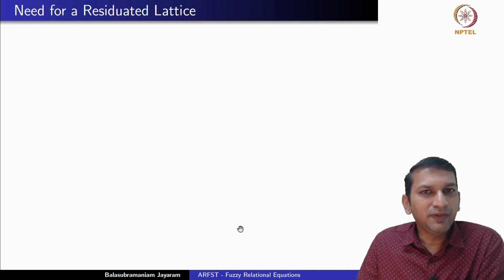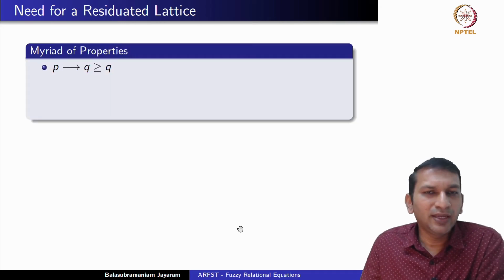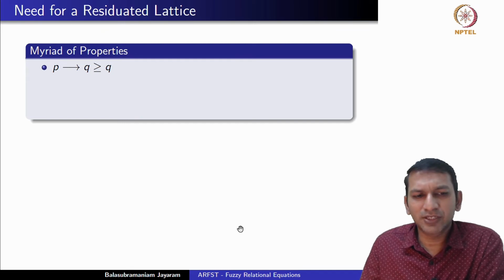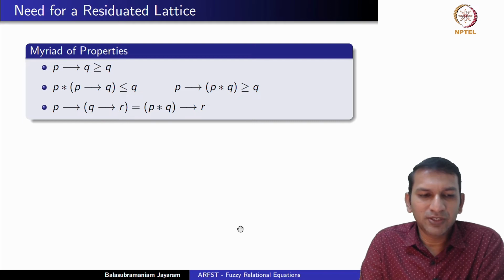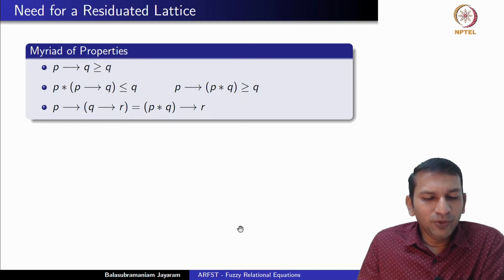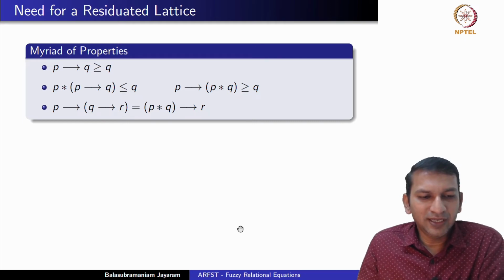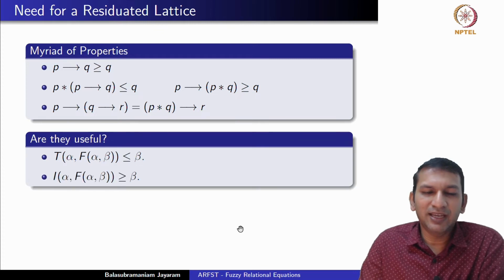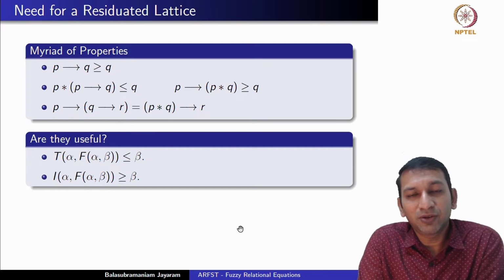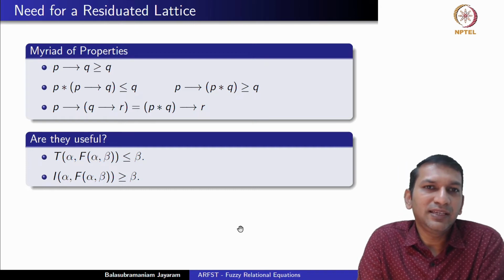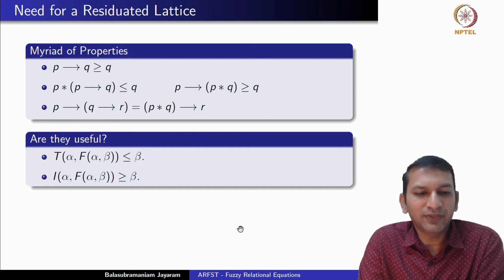Even when we discussed the need for residuated lattice, we saw that it has a lot of properties. A couple of them we had listed out. You might recall these are some of the properties that we listed. If we look at the properties on the second line, they are in fact special cases of what we introduced as TF conditionality and IF conditionality.